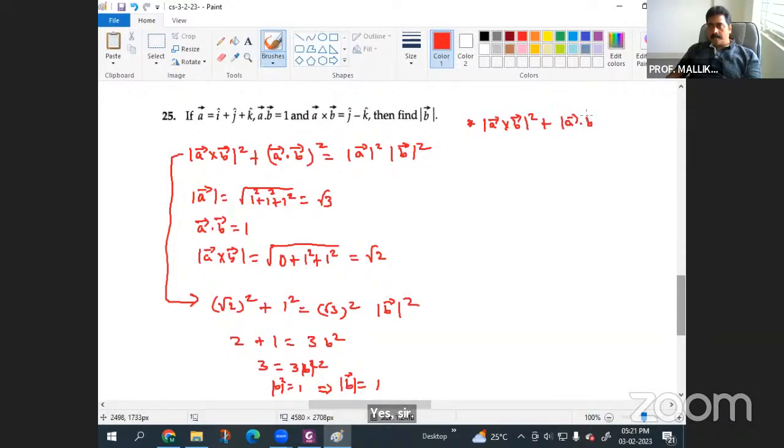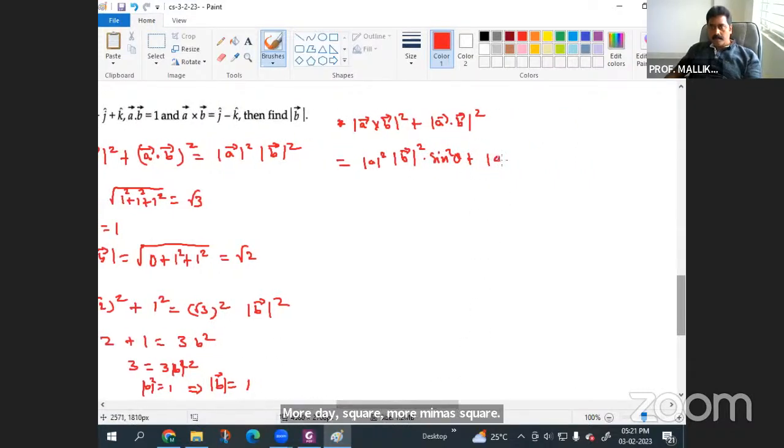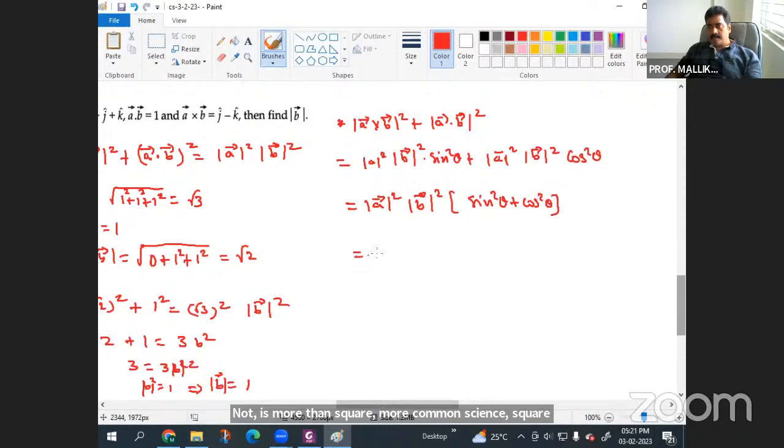A dot B whole square. You know the formula now? A cross B formula: mod A square mod B bar square sin square theta plus A dot B, mod A square mod B bar square cos square theta, is mod A square mod B bar square common, sin square theta plus cos square theta, is mod A square.